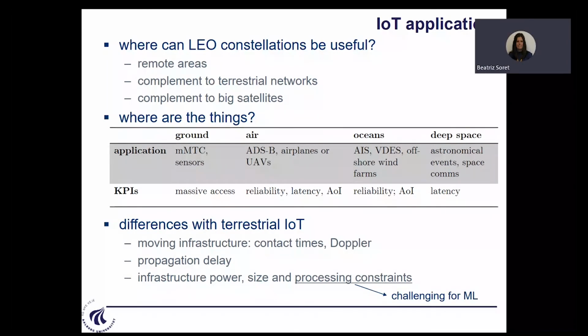If we talk about IoT applications in particular, there are also a lot of different use cases for satellites. I did a classification here depending on where the things are, because you can have the classical case where your devices are on ground.